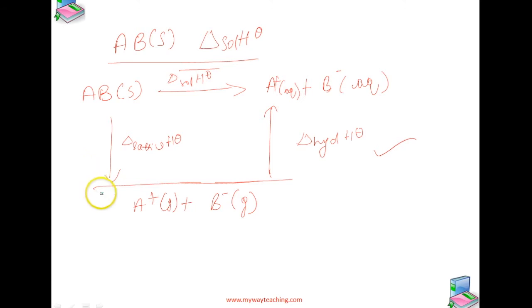This is shown diagrammatically for an ionic compound AB. Dissolution in water is therefore determined by the relative values of the lattice enthalpy and the enthalpy of hydration of ions. This is called hydration of ions.